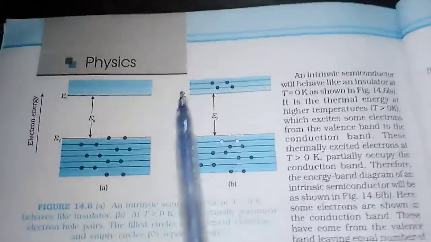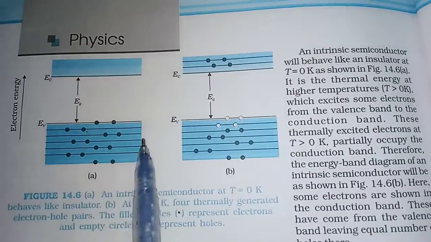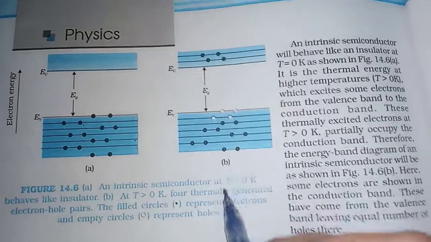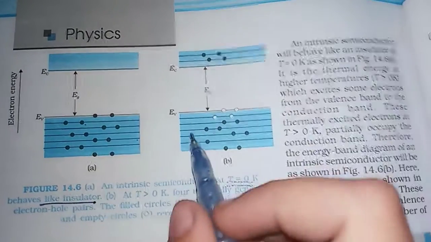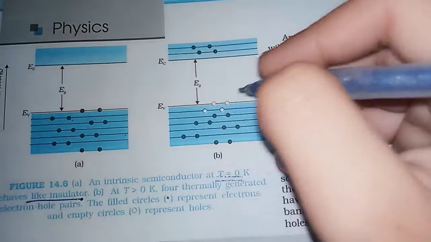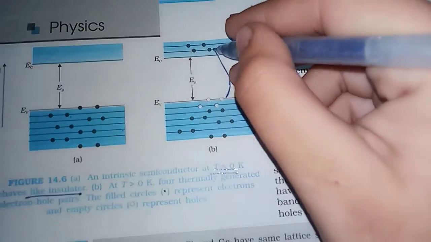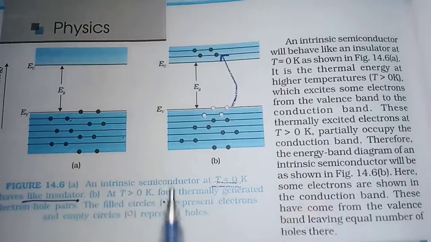Next is the intrinsic semiconductor. You can see at T equals 0 Kelvin, it will behave as an insulator, and if the temperature is greater than 0 Kelvin, thermally generated electrons move from the valence band to the conduction band, and they will conduct.